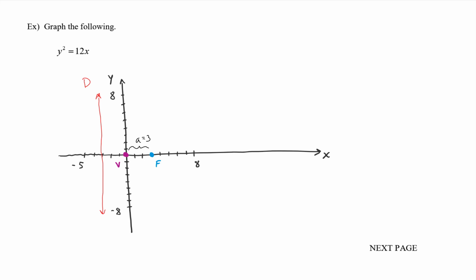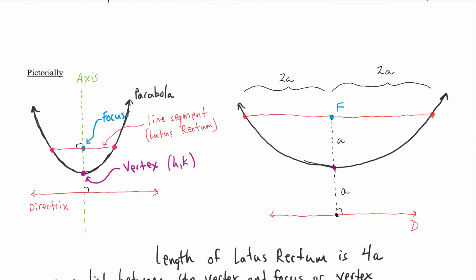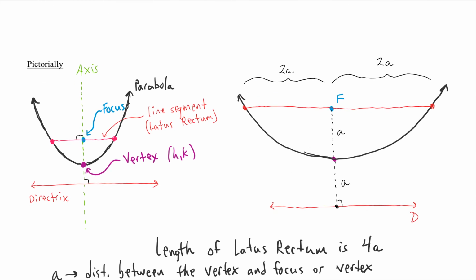There's the directrix. So now to get the graph of the parabola, all I have to do is use the latus rectum. So remember the latus rectum, it has the focus on it. I double whatever a is, and I go that many units on either side of the focus to get 2 more points on the parabola.